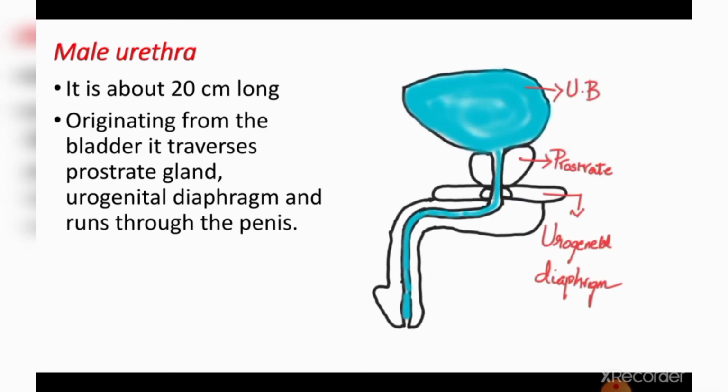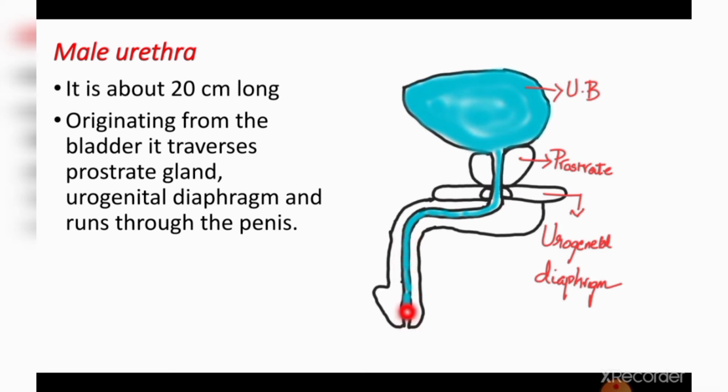Starting with the male urethra, it is about 20 centimeters long. It originates from the bladder, traverses the prostate gland and the urogenital diaphragm, and runs through the penis. This is the urogenital diaphragm and this is the prostate gland.